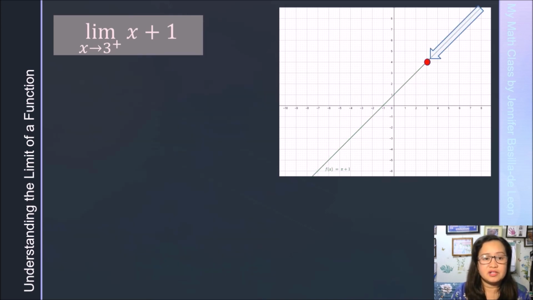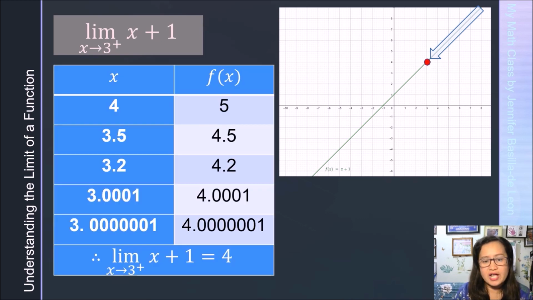This time, let's approach x equal to 3 from the right. Let's say we choose 4 as the value of x. Now replacing the variable x by 4, we would be able to have 5.